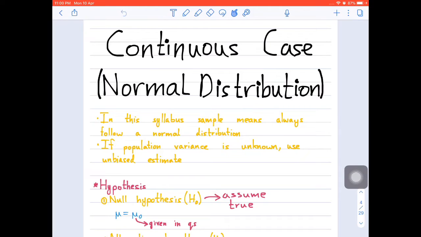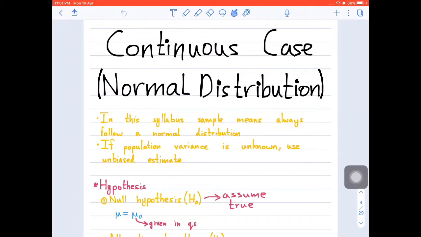Using this sample, we have a certain value for the mean of the population, and there's a hypothesis that the mean is either greater than that, lesser than that, or not equal to that. Now we have to prove if it is true or not based on the sample data, right?